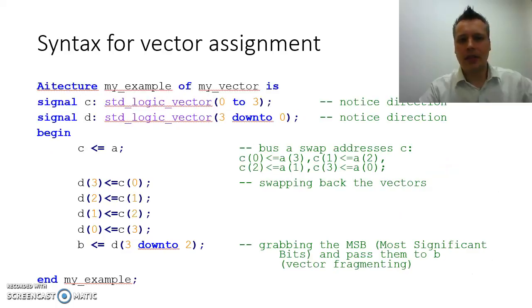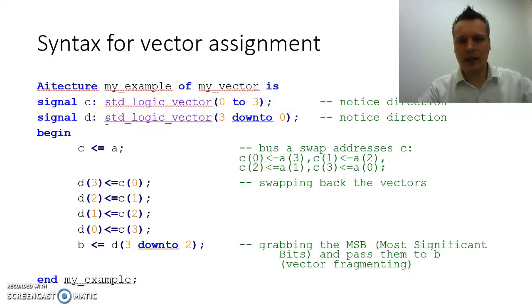If we further look at the example, how to actually assign values to the vector constructs, we have an architecture, my example, and my vector. We have a signal C that's defined exactly in the way we generally don't define vectors, from 0 to 3.